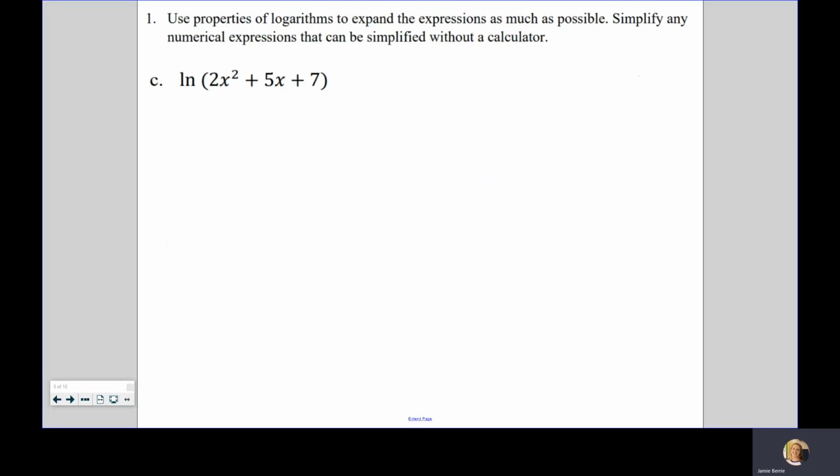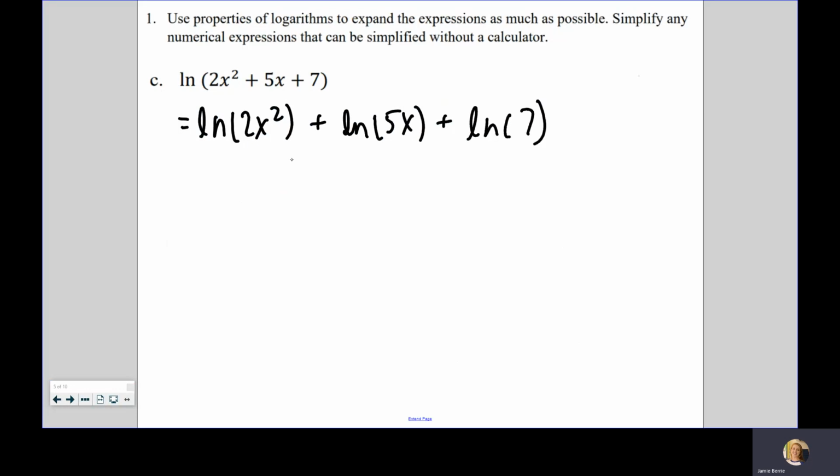All right, and then our last one, part C, is natural log or ln of 2x squared plus 5x plus 7. So your first instinct here may be to write ln of 2x squared plus ln of 5x plus ln of 7, but that's not correct.